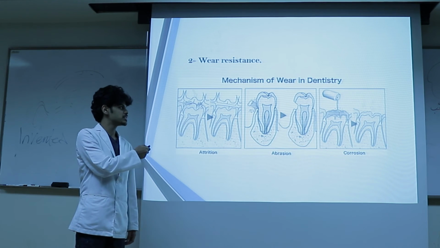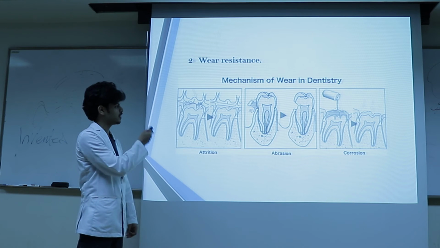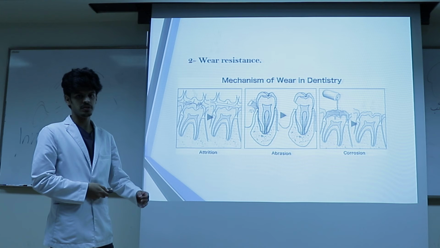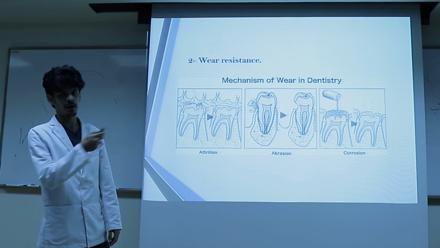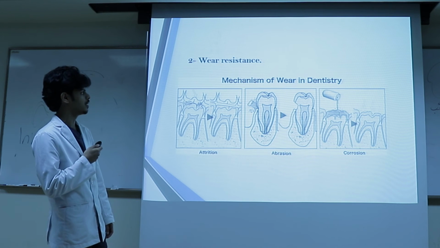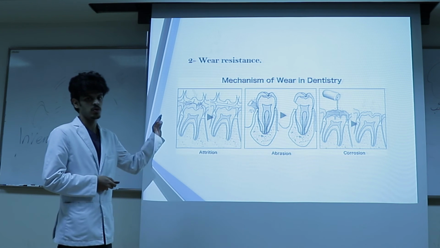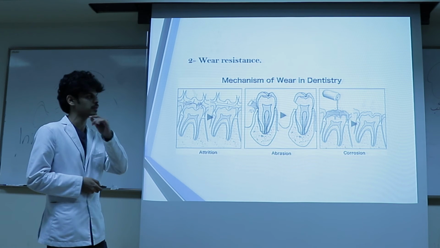And these are the mechanisms that the teeth or the restoration undergo in the posterior region: attrition, abrasion, and corrosion. So we need a material that has high wear resistance, like amalgam. Amalgam here is better because it's a metal alloy. It's not like composite. Composite has a low wear resistance, and this is the main disadvantage of composite.